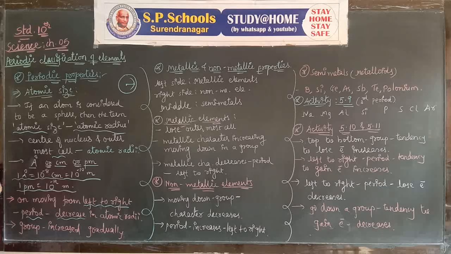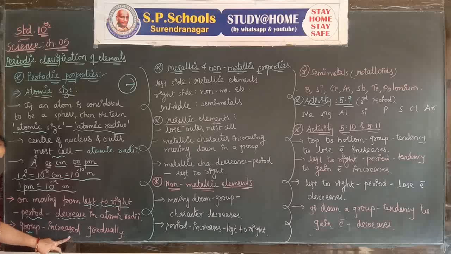But in the case of a group, the atomic radius increases gradually. In a period there is the capacity to take electrons, so the atomic radius decreases. But in a group, atoms have the capacity to lose electrons, so the radius increases.